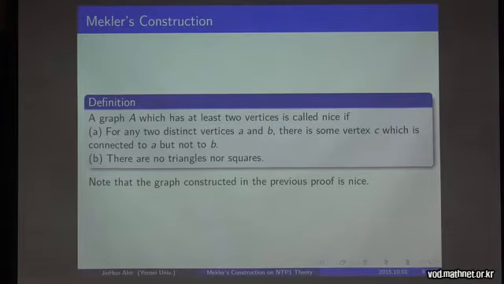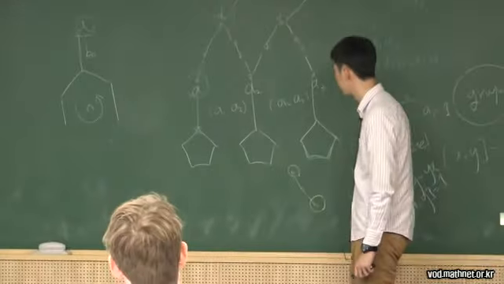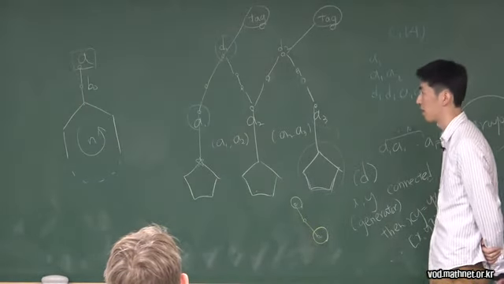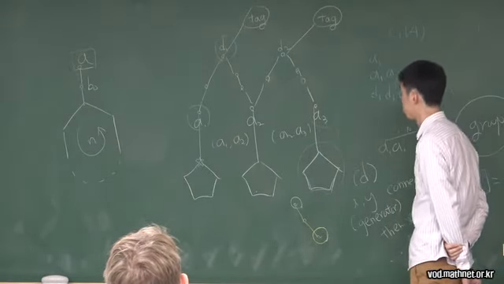So Mekler made this a pentagon, and as you see, there are no dead ends like here. If we have a dead end in the graph, then condition A may fail by choosing this one and this one. But here you don't have any dead ends, so condition A holds, and also no triangle, no square.